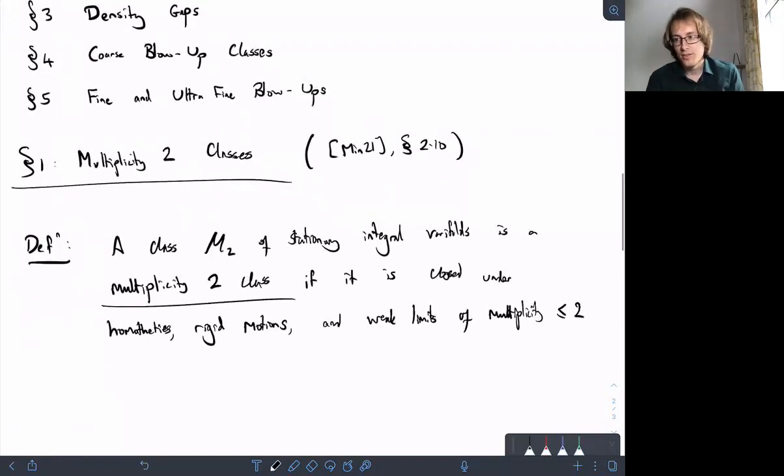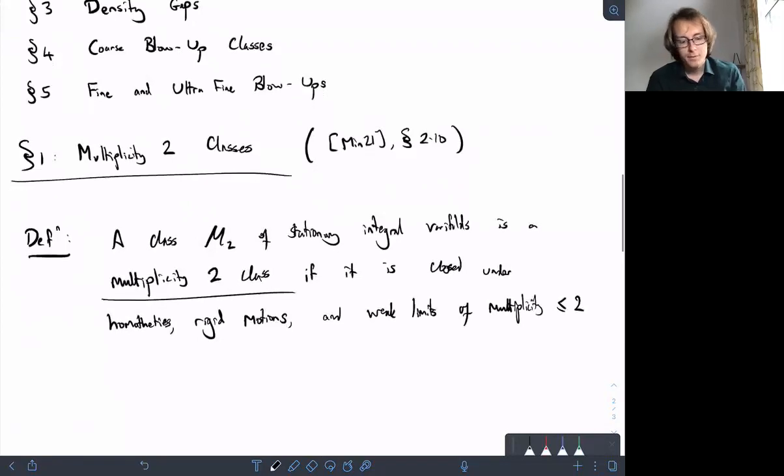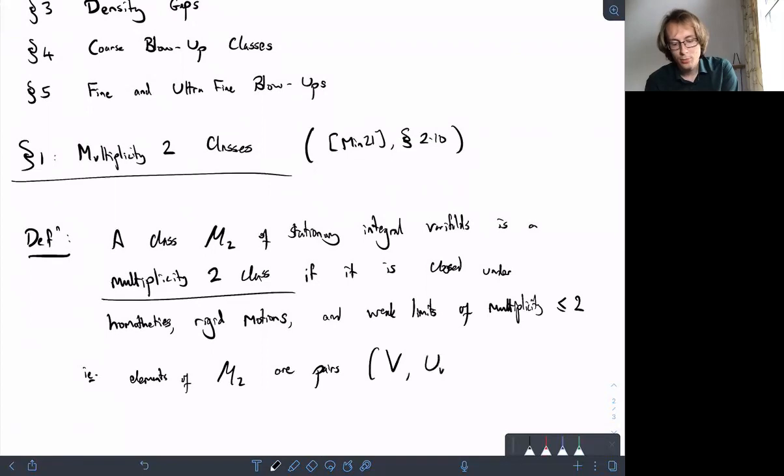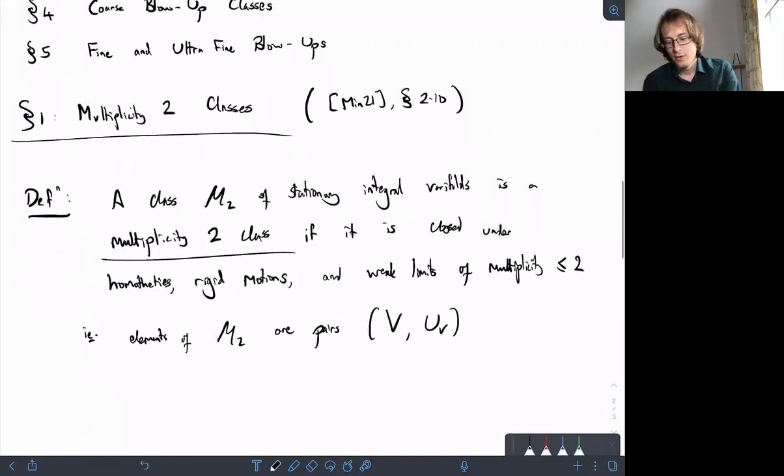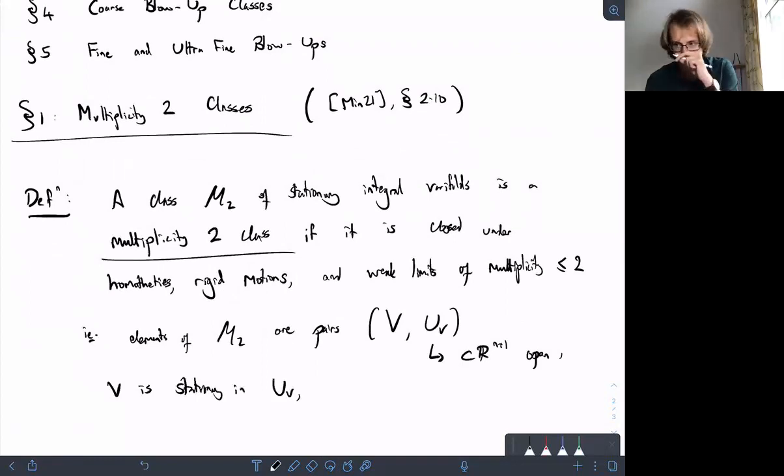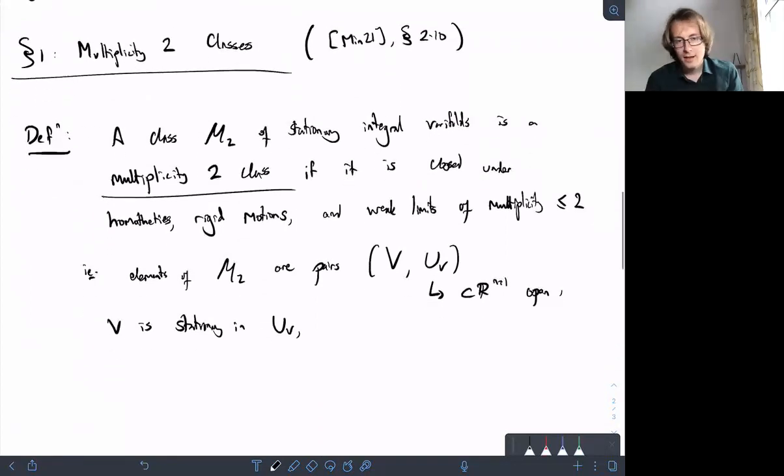Again, what this precisely means is that elements of M2 are pairs: we have the varifold part V and an open set U_V where the varifold is stationary. This U_V is an open subset of R^{n+1}, and V is stationary in U_V.